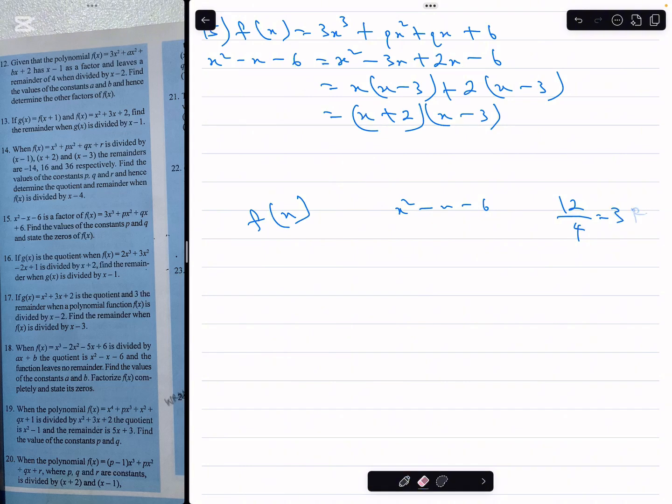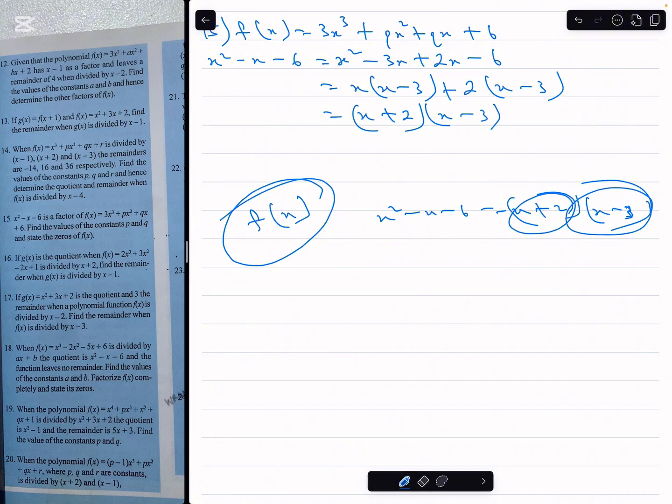So here, if you divide f of x by x squared minus x minus 6, the remainder will also be 0. The factors of x squared minus x minus 6 are x plus 2 and x minus 3. That means x plus 2 and x minus 3 are also factors of f of x.